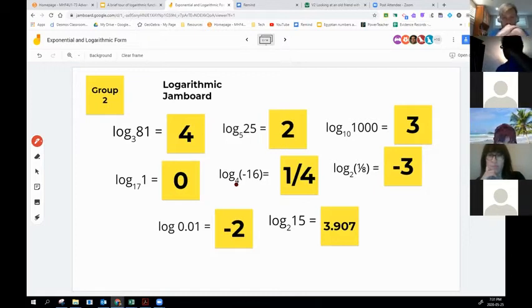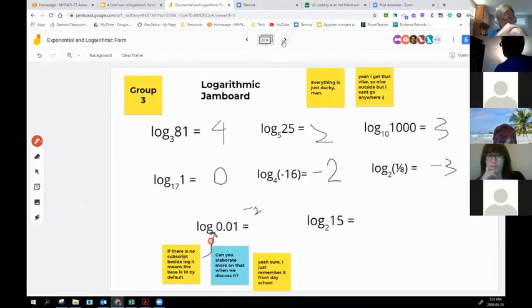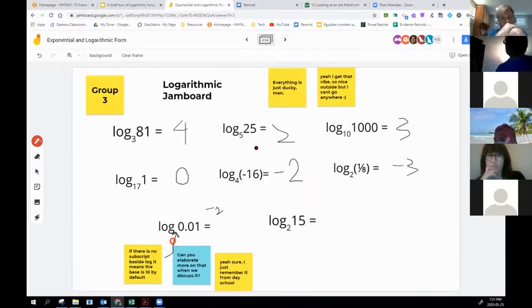Now I want you to keep this in mind: 4 raised to what power is going to produce -16, which is kind of a mean question. This team figured it would be -2. So let's talk about these for a moment.